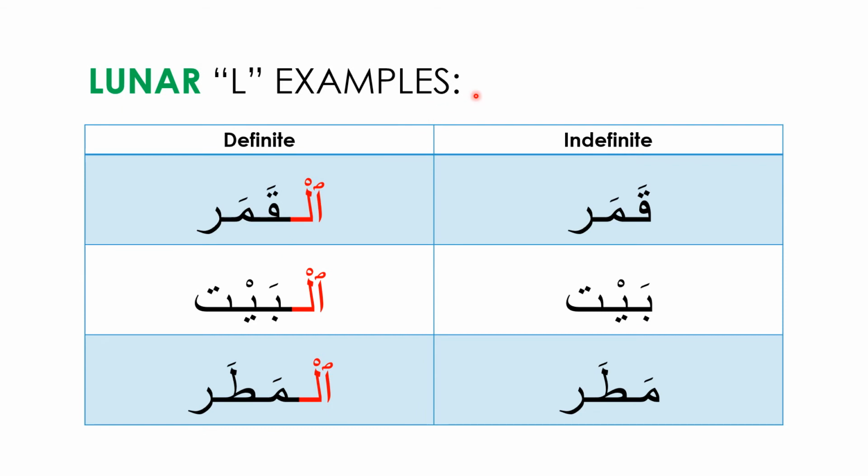Let's read some examples of the lunar lam. Notice that the lam sound will be clearly pronounced. Qamar, al-qamar. Bayt, al-bayt. Matar, al-matar.